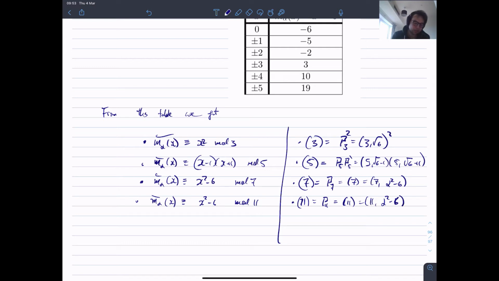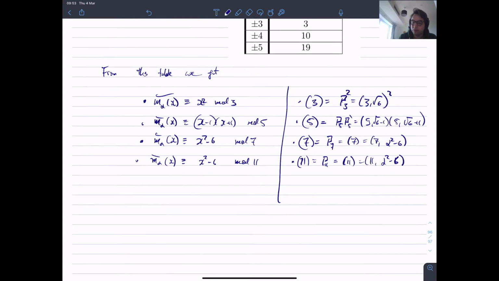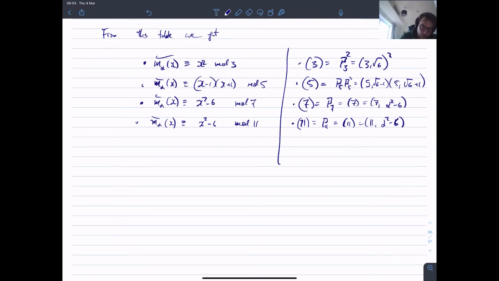Great, so if I'm just looking at these factorizations, I figured out how these things factor, but we know a bit more information than this. So for example, 2 and 3 are totally ramified.